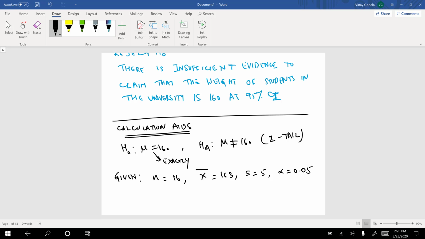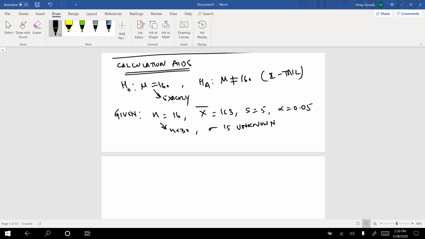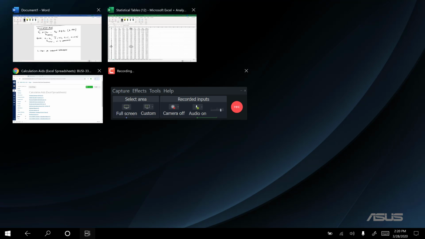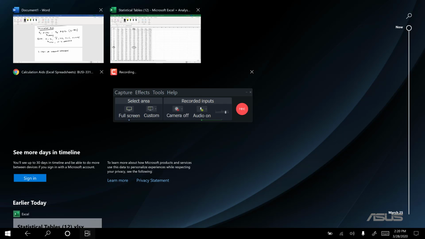Again, n is less than 30 and sigma is unknown here, so we will be using the t-stat. That means we are using the unknown variance sheet in our calculation aid. So I will download our calculation aids and try to solve this problem.